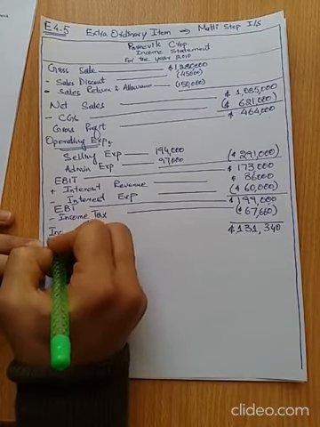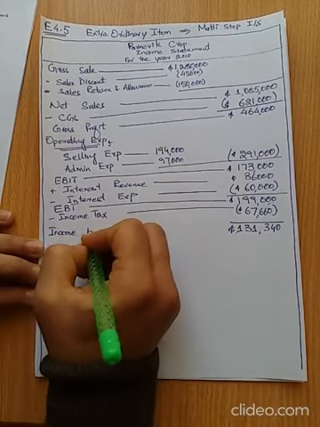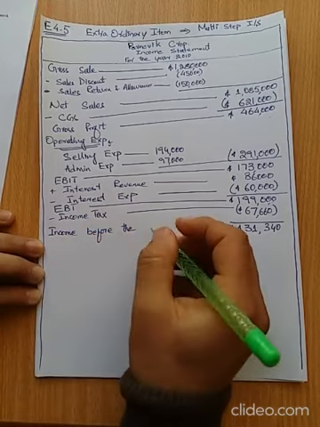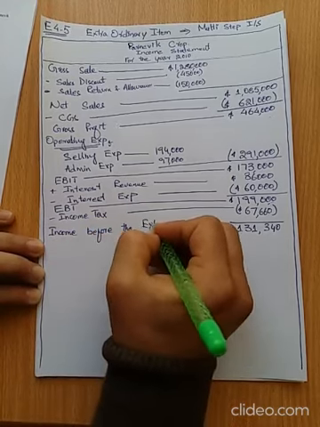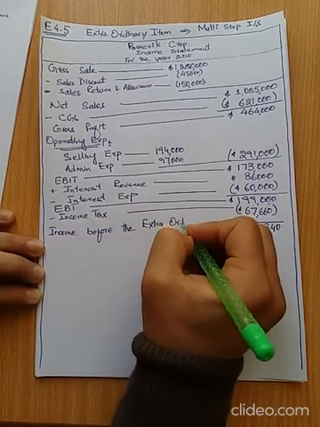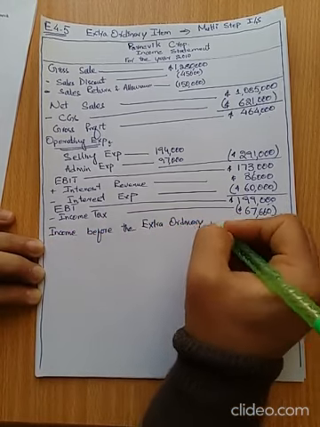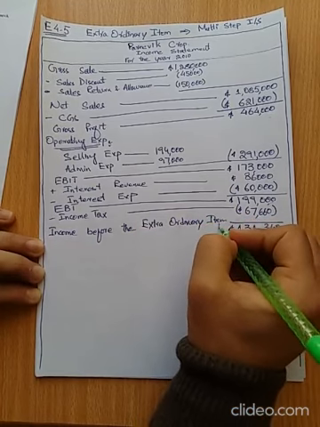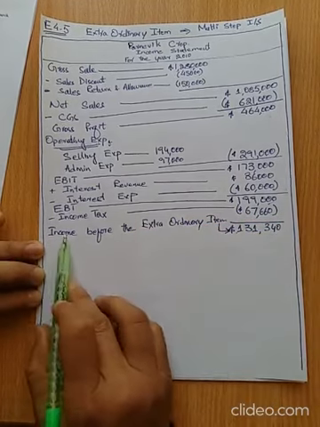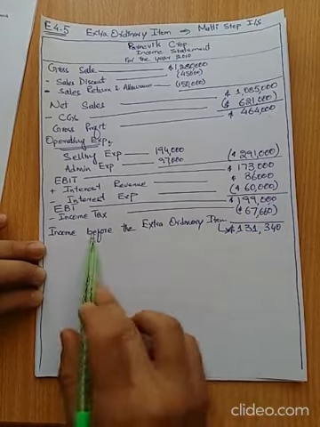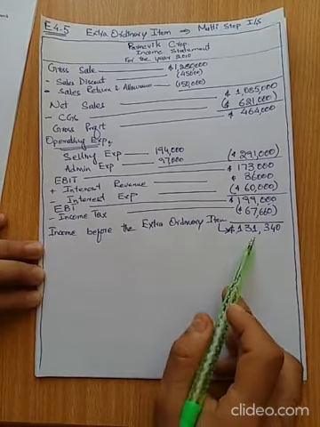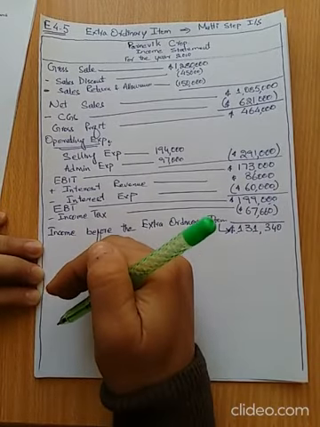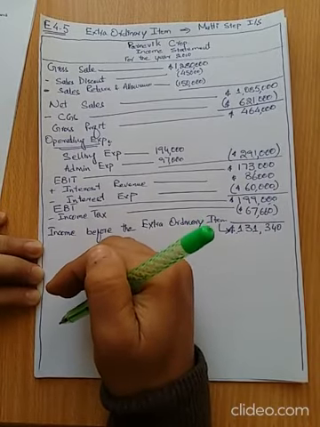I will write that this is my income before the adjustment of the extraordinary item.